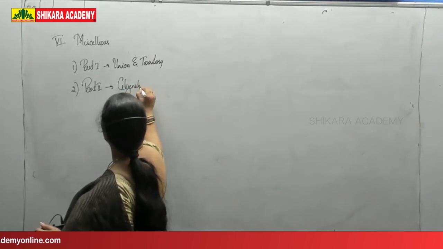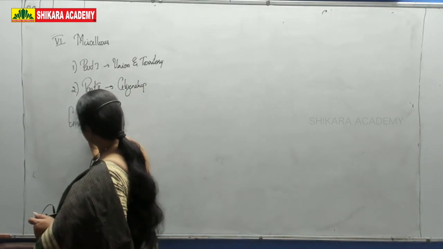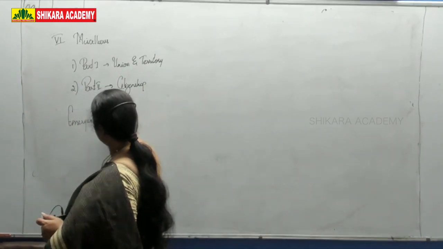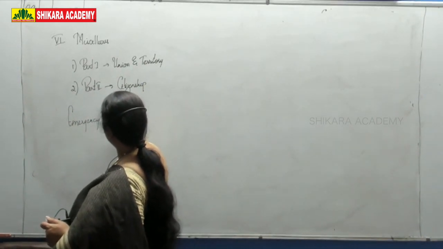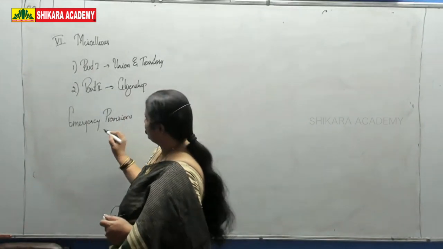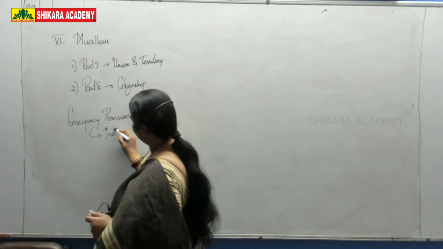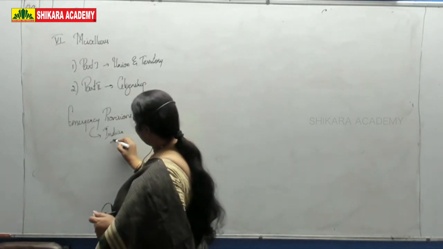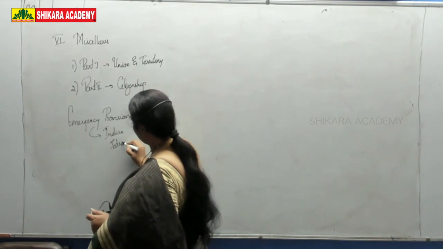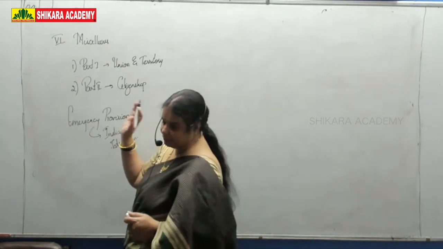I have not listed this chapter earlier, but please include emergency provisions under Indian federalism, because one of the most controversial provisions in India with respect to center-state relations is emergency. Please include it under Indian federalism, after interstate relations. Okay, this will be 6.